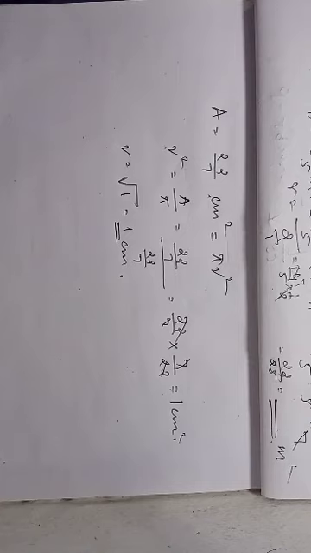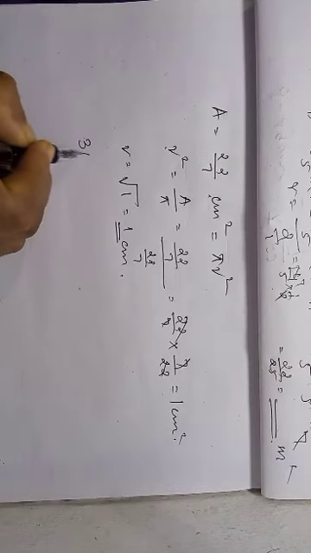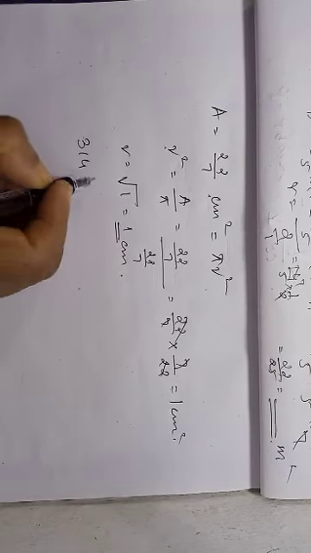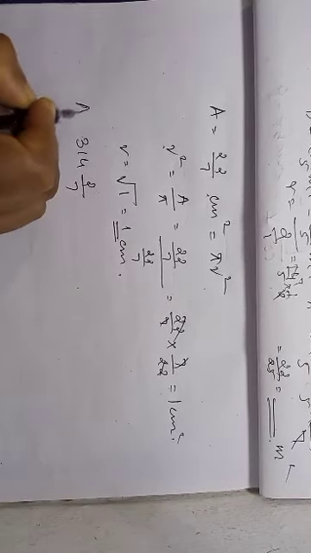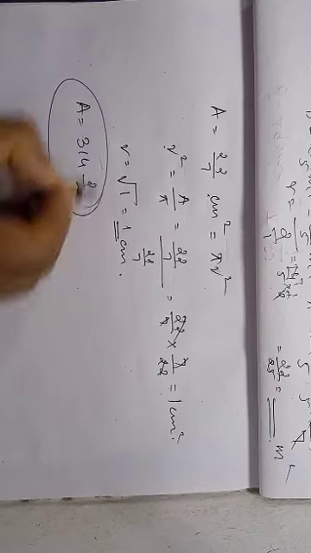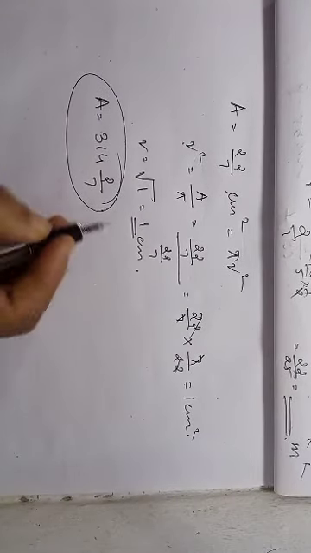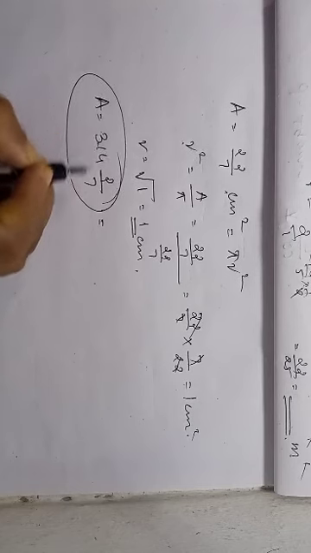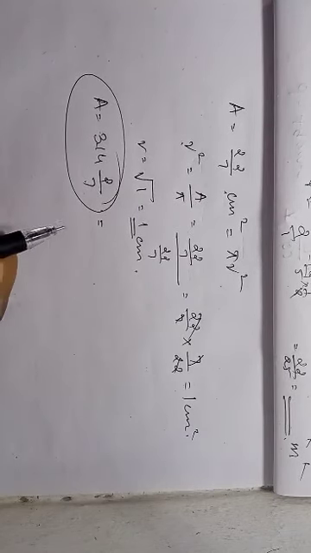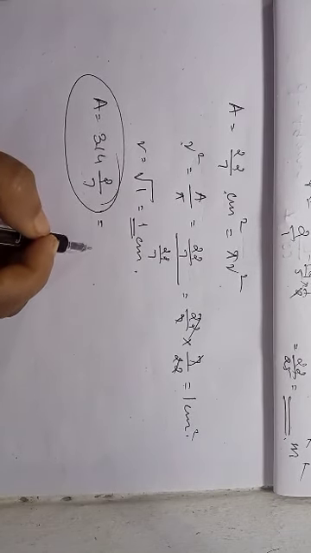Then the next area is 314 2/7. Whenever you get a mixed number, you have to convert it to improper. 314 into 7 plus 2, then you will get a fraction.